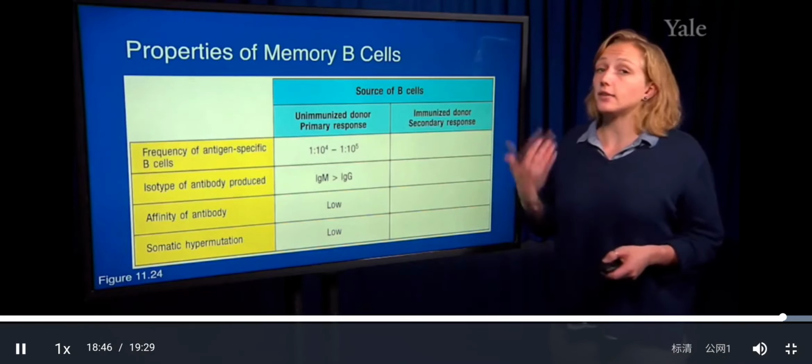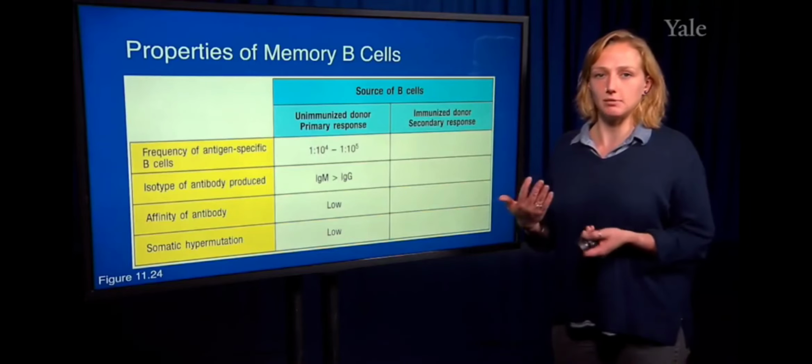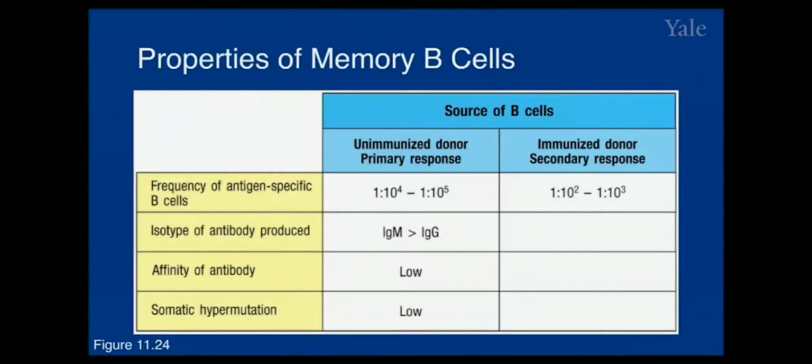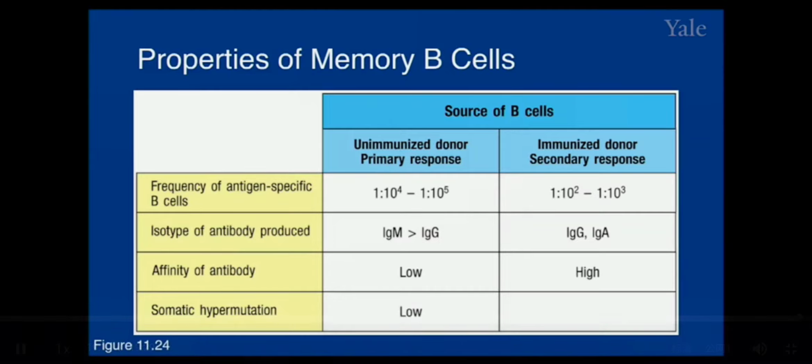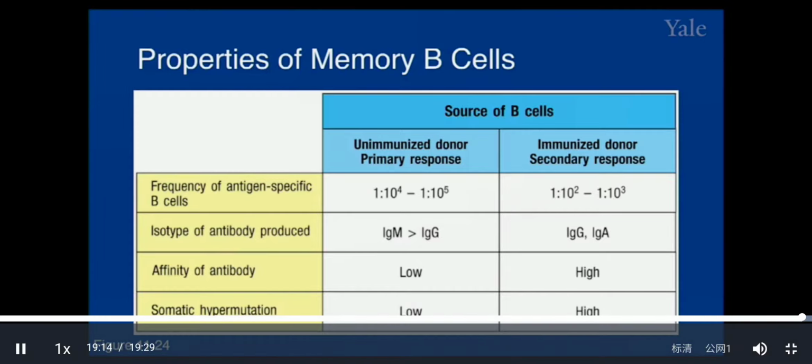Now, on the other hand, if you look at someone who's already been immunized to this pathogen, they have a lower frequency of these antigen-specific B cells, but they are of much higher affinity, and they are predominantly class switched, so they're IgG or IgA specific. And then we have a very high affinity of the antibody as they've undergone somatic hypermutation, and as I said, they have very high evidence of somatic hypermutation.